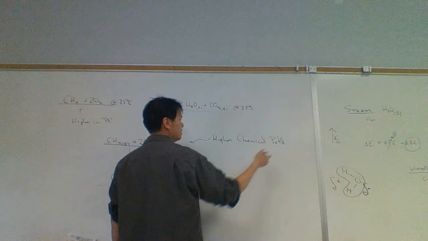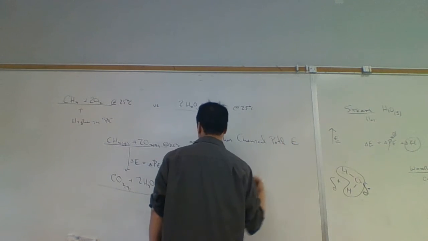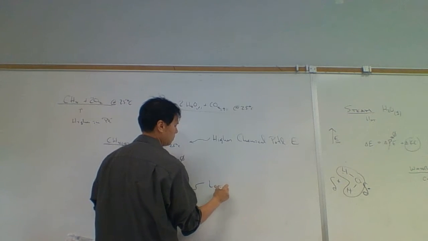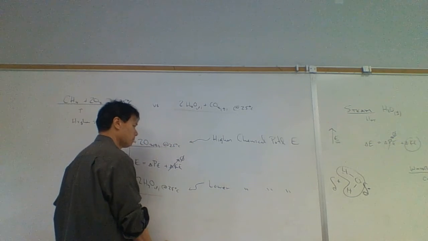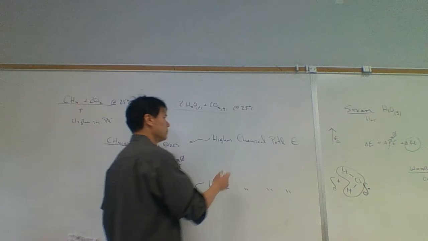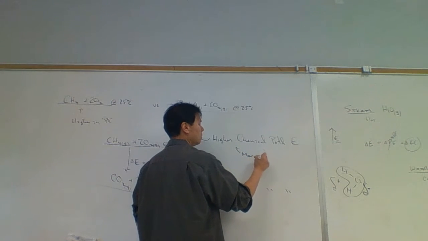I'll abbreviate potential, POTL, potential energy for E. This is lower chemical potential energy, and the changes in chemical potential energy. Something that's higher in chemical potential energy is going to be much more reactive. So we'll just say more reactive.